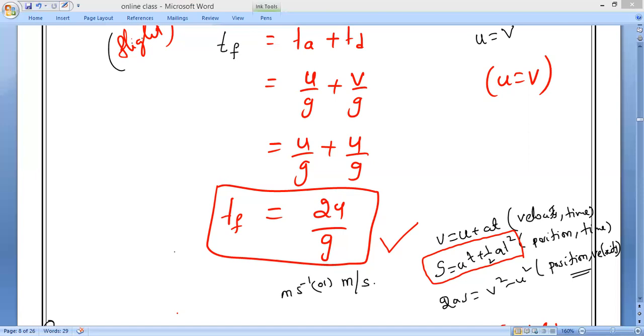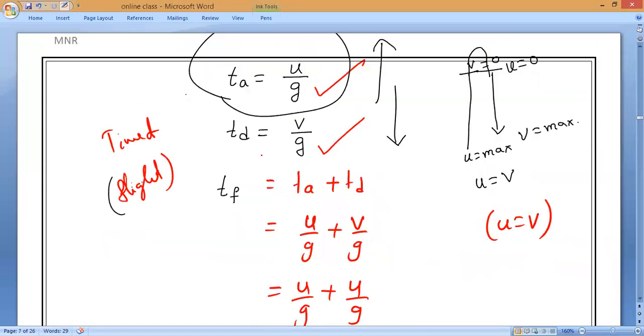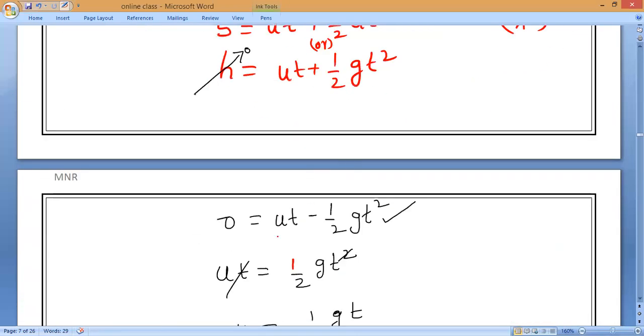And Hn is equal to U minus G into N minus 1 by 2. Do you remember? That is one of the formulas. Directly we can get this formula. So H is equal to UT minus half GT square because the ball is thrown upwards. That is the reason why I always say learn formulas.